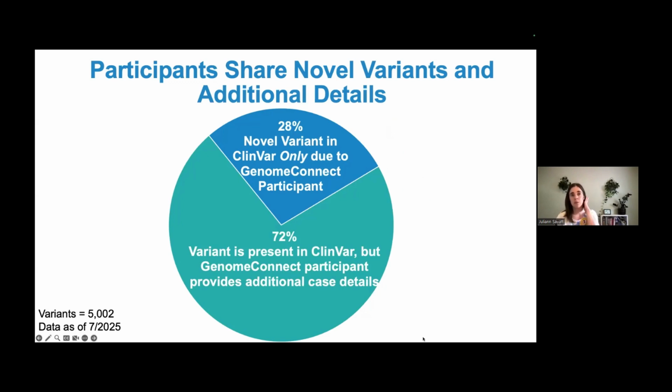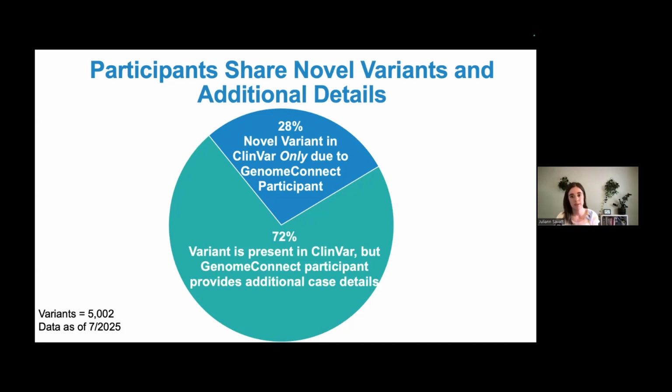First, we have noted from our submissions that engaging individuals who've had genetic testing themselves in data sharing with ClinVar is a way to get more variants into the database. So when we look at our submissions, about a third of the time, that genetic change that our participant has chosen to share isn't in the database, wasn't shared by a laboratory or by a clinician, by a researcher before.